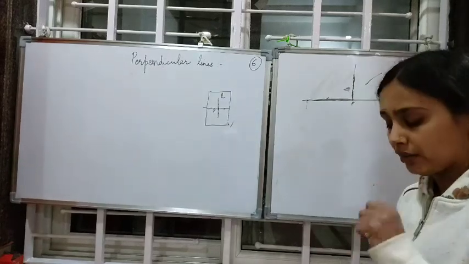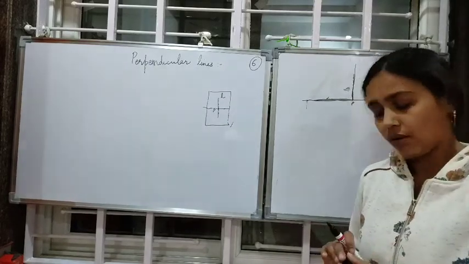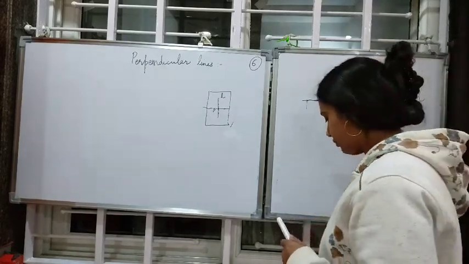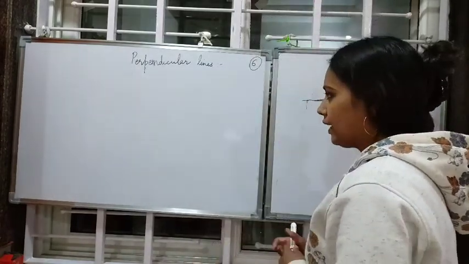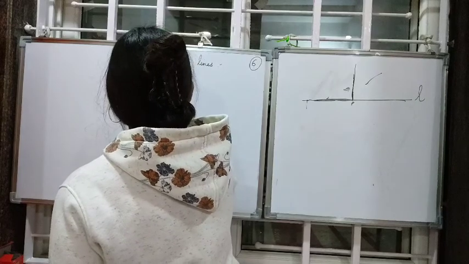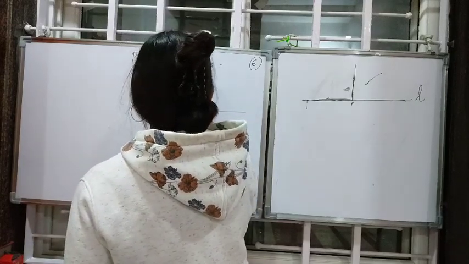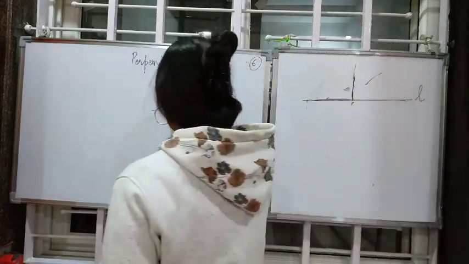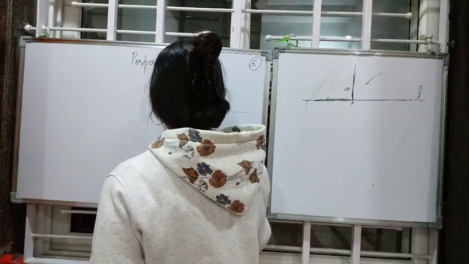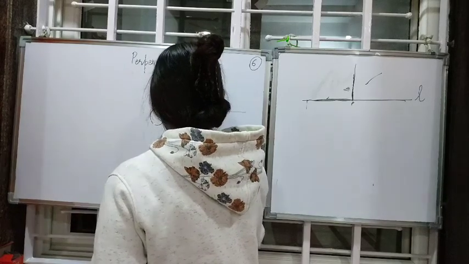There is one more method, by using a compass. Now, how? Let's see. Draw a line L, mark a point P on it, take your compass and take any radius.